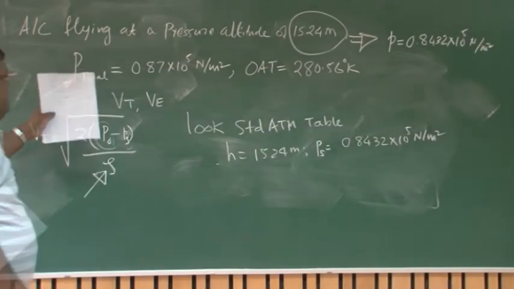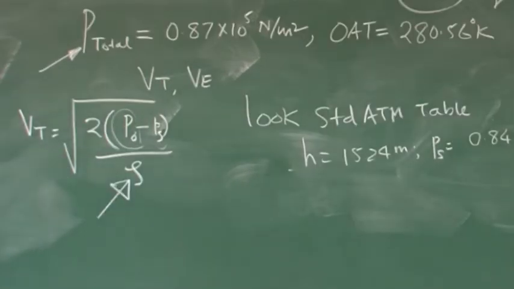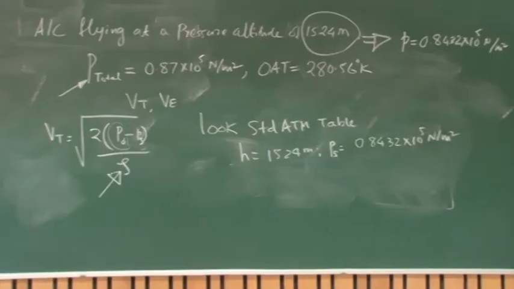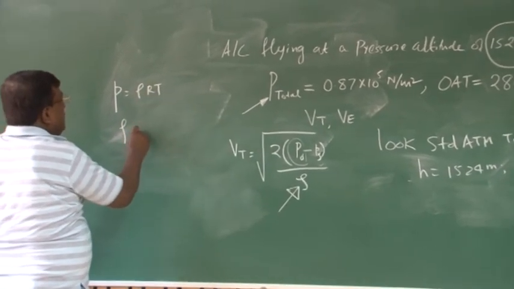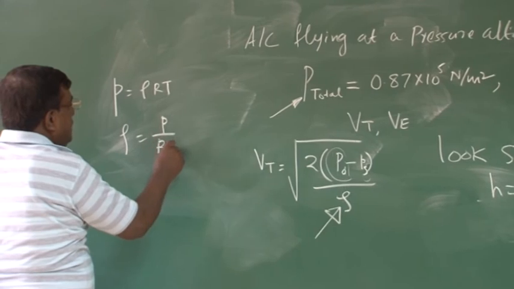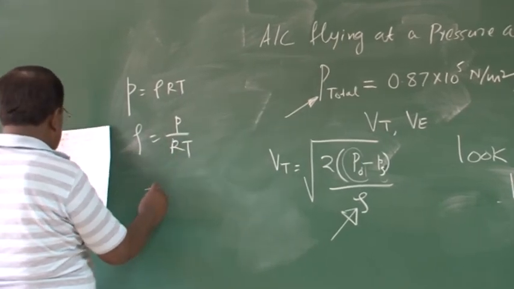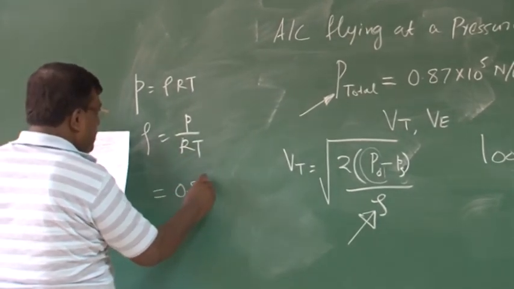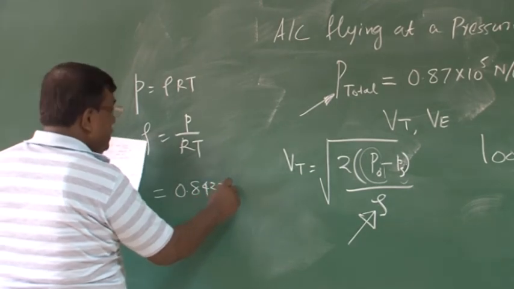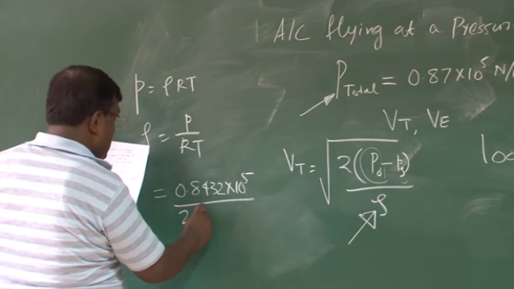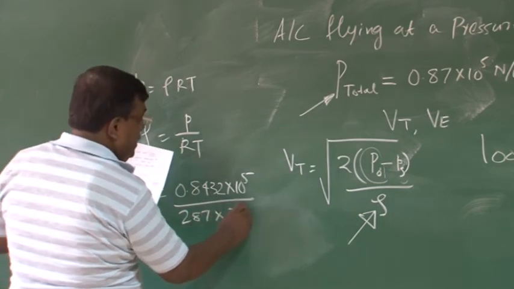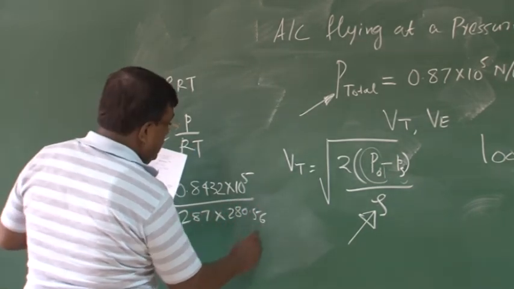P naught is given, but I don't know how to find rho. For rho, what will I use? P equal to rho RT. So rho is P by RT. And if I substitute the value, I will get 0.8432 into 10 to the power 5, R is 287 and temperature is 280.56.